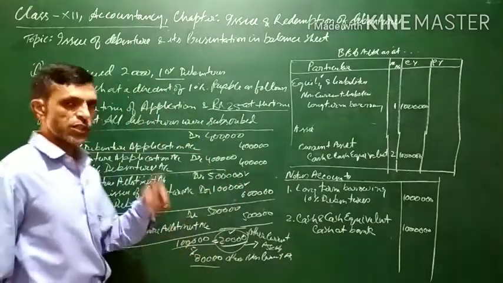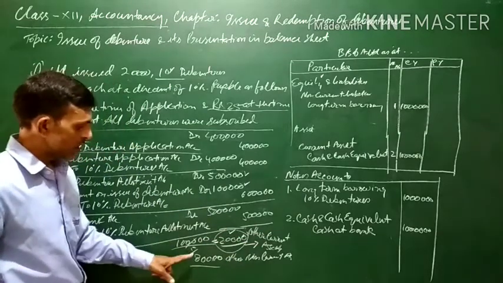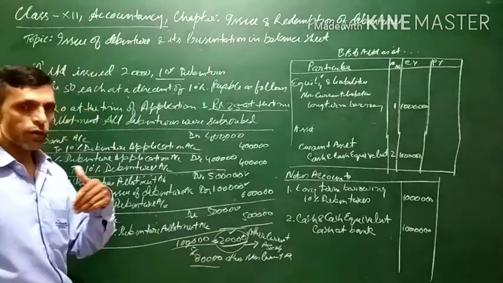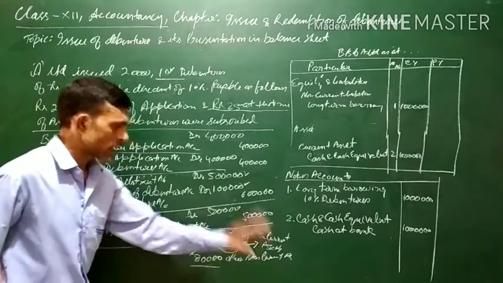The 20,000 which will be written off will be considered as other current assets, and the 80,000 which will be written off after 12 months will be considered as other non-current assets.